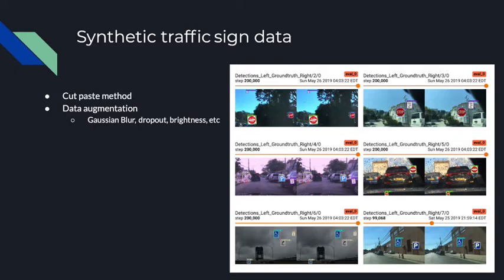What we did here is we cropped traffic signs and pasted them into random locations of the image with different sizes, and also applied data augmentation, such as blurring and dropout in brightness, as you can see in some of the images there. The background images we get from a public driving data set so that it is relevant, and it produced pretty good results for the model that we're using.